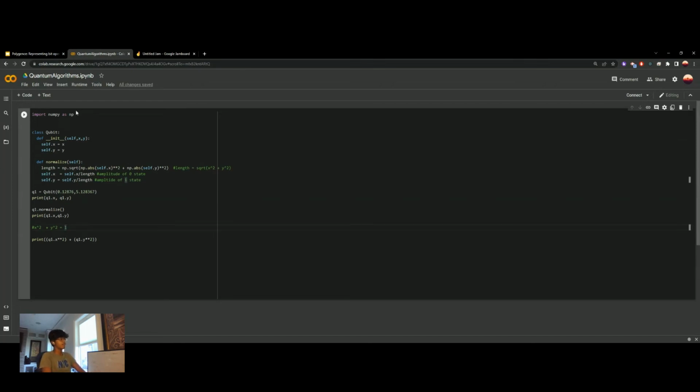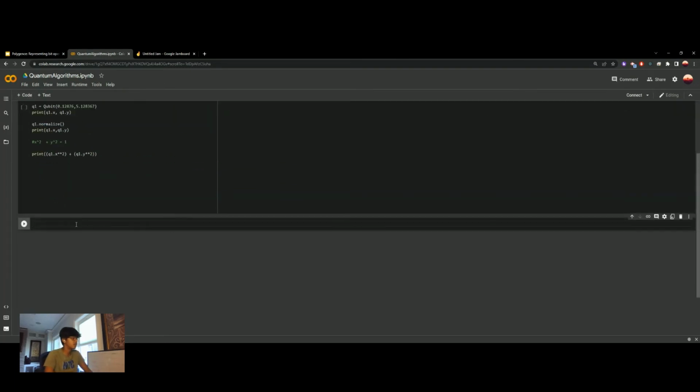We already have NumPy imported here, so we don't need to put it in. We can put in another cell here and say arr is equal to np.array.